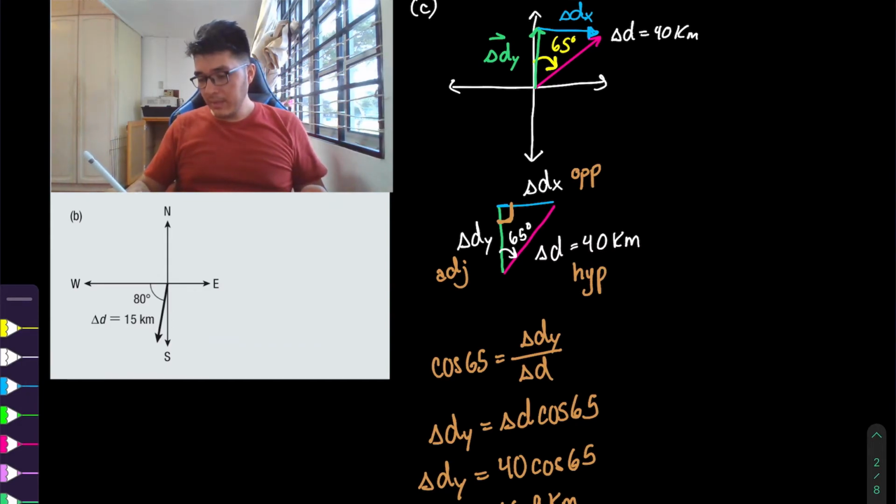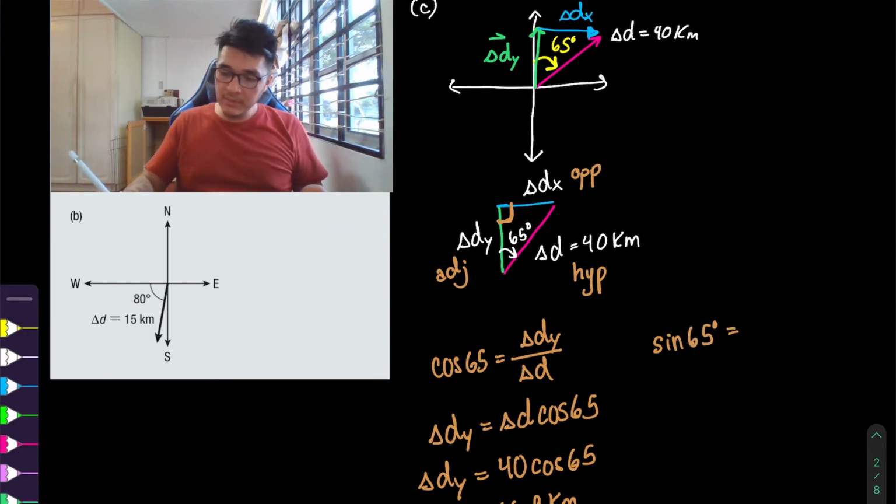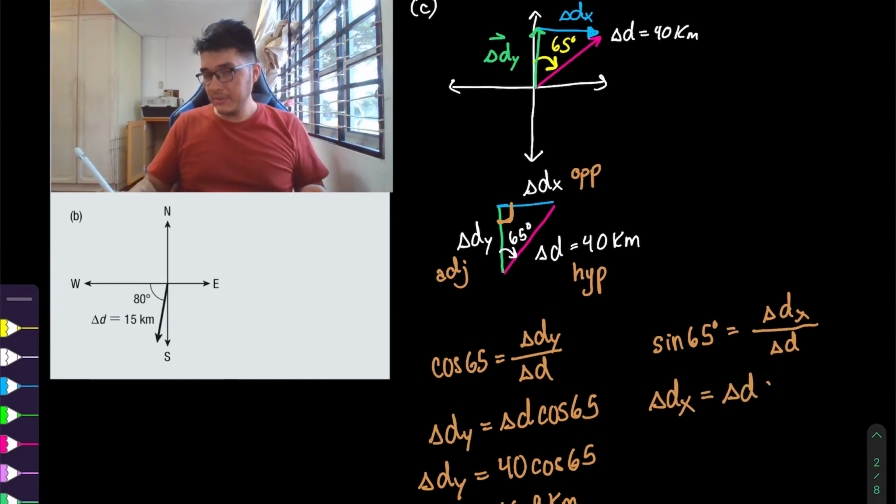Now let's use the sine ratio. So sine of 65, sine is opposite, which is delta dx, over hypotenuse, which is delta d. Isolating for delta dx, we get delta d sine of 65.